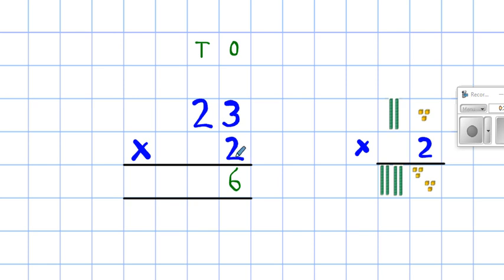But I'm going to say 2 times 2 tens is 4 tens, 46. And here's that shown with some Dienes to show you exactly what I've done. Can you see how I'm doubling? 2 lots of 3 are 6, and 2 lots of 2 tens, 4 tens, 46.